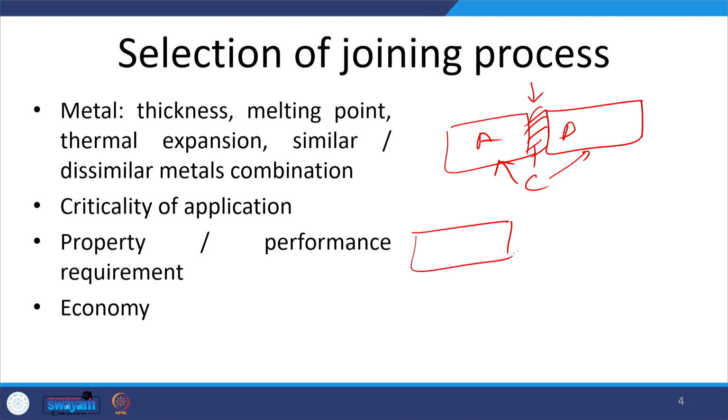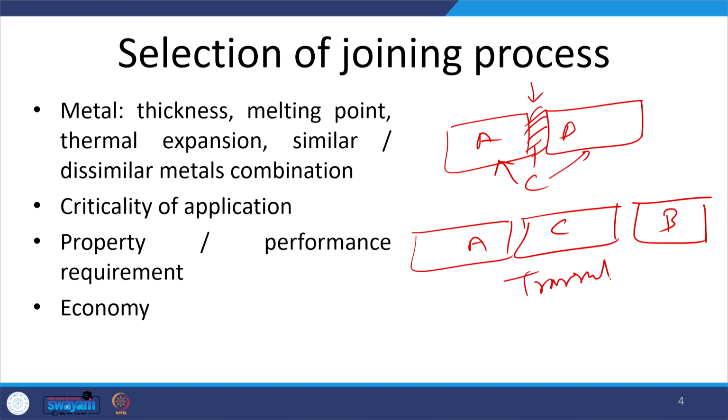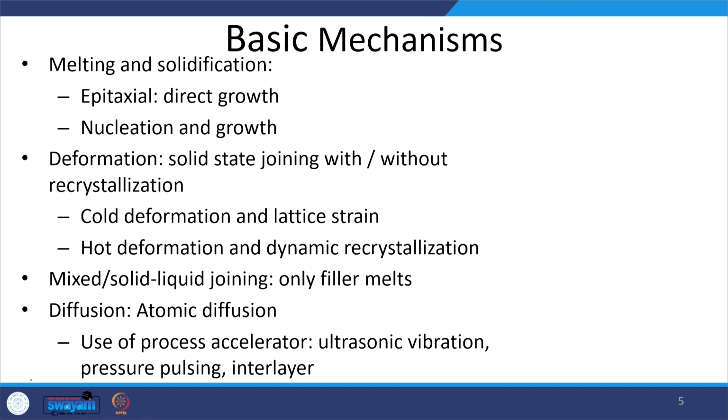Or we use transition joints, where A and B are isolated and connected through C, a third metallic element used as a small part. These are called transition joints or tri-metallic joints. In that case we need two different joints: A and B will be connected through the small member C between them, and two additional weld joints will be developed. So, depending upon the metal combinations to be used for development of the joints, we choose the suitable welding process.